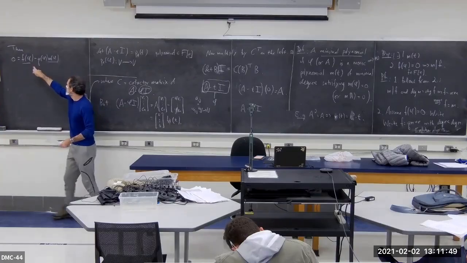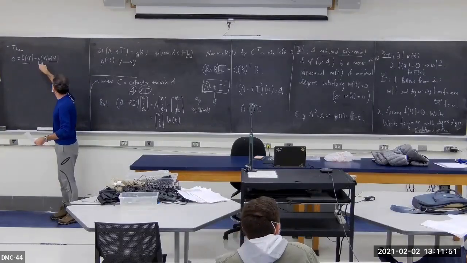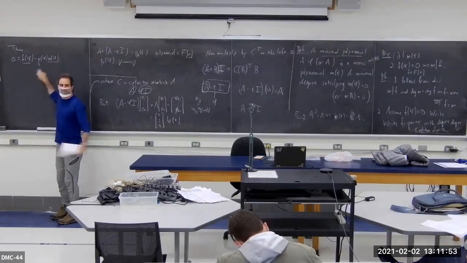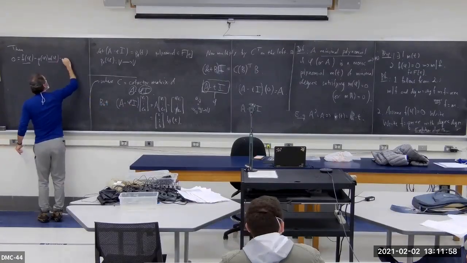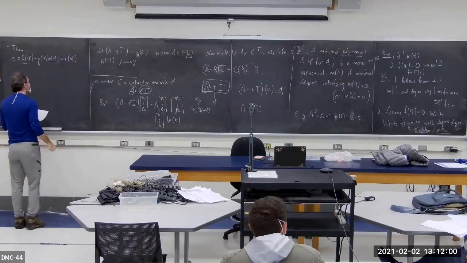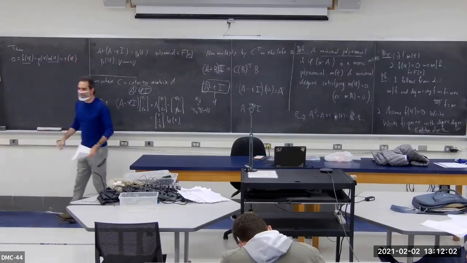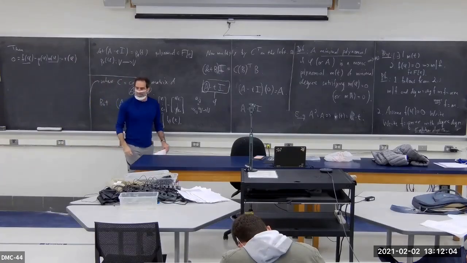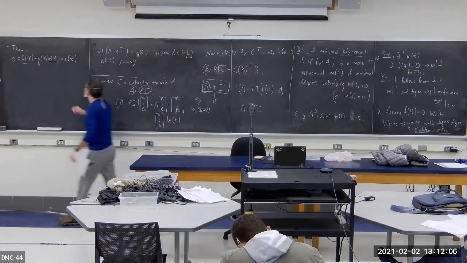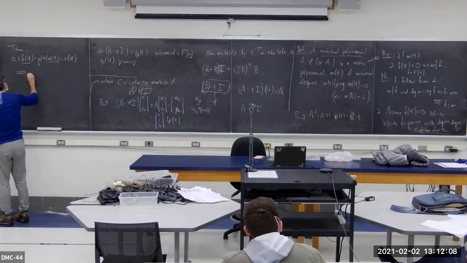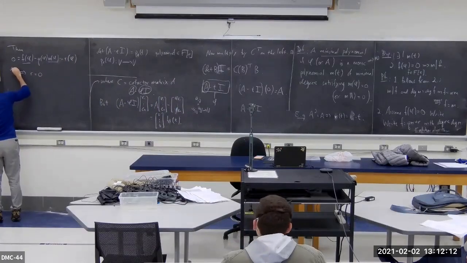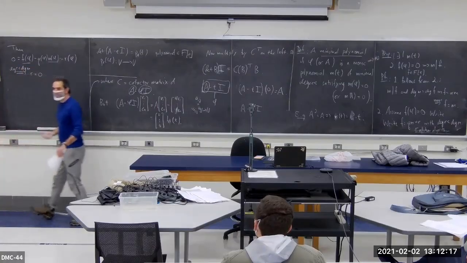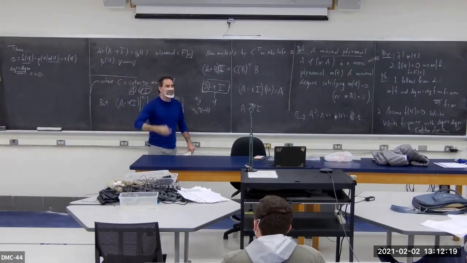But what is this equal to? What is f of phi minus q of phi m of phi actually equal to from the equation over there? R. This is actually equal to r of phi. So that means that r of phi is 0. What does that mean about r? Yes, this implies that r is 0. And that's because the degree of r is less than the degree of m. There are no non-zero polynomials of degree less than m that vanish on phi.